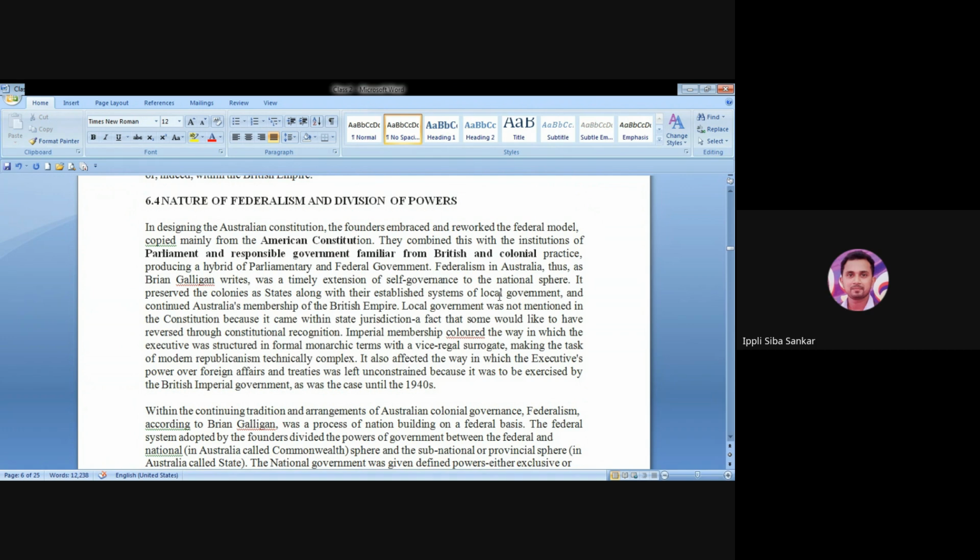Local government was not mentioned in the constitution because it came within state jurisdiction, a fact that some would like to have reversed through constitutional recognition. Imperial membership colored the way in which the executive was structured in formal monarchical terms with a vice-regal surrogate, making the task of modern republican reform technically complex.